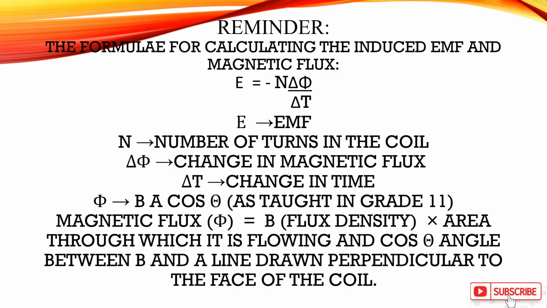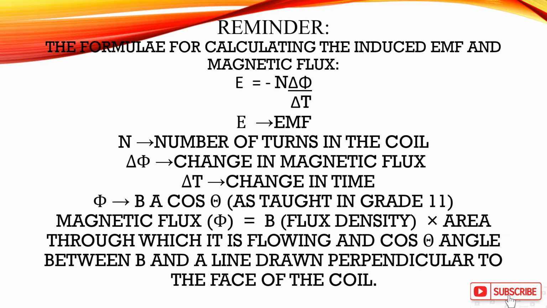Let me also remind you about the formula for calculating the induced EMF and magnetic flux. The induced EMF, small letter e, is equal to minus N, the number of turns or windings in the coil, multiplied by the change in magnetic flux, divided by delta t, the change in time.